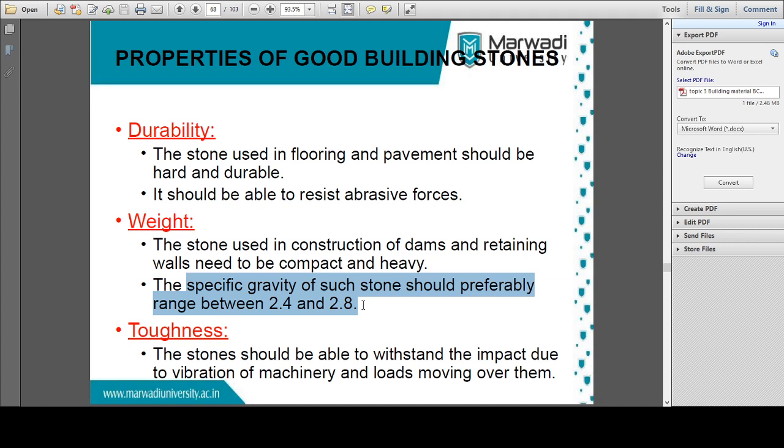Third property which is available is toughness. So the stone should be able to withstand impact. Impact means if we apply certain loading, right? If a stone is available and we drop a hammer from a certain height, then that is known as impact. If a pen falls down on our tiles, then an impact load has been applied to the tiles, but the tiles will not break down.